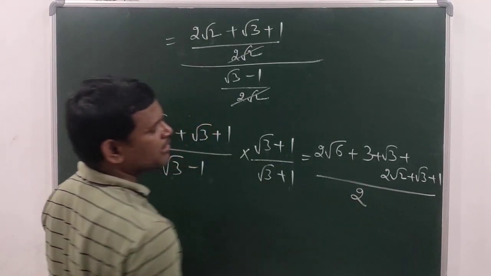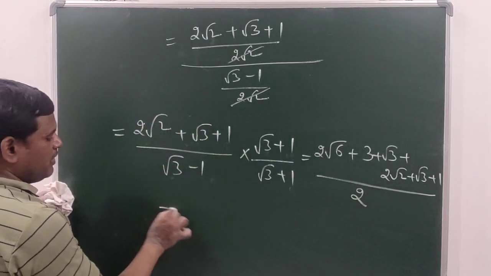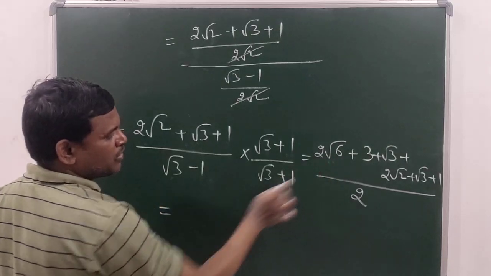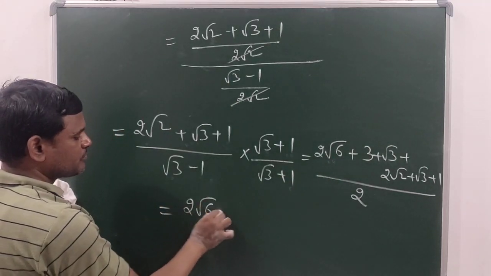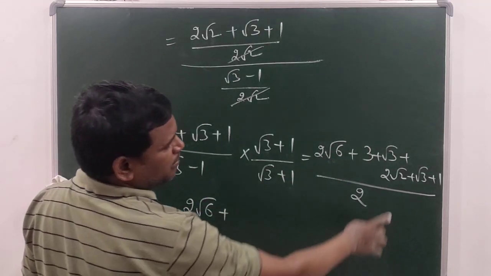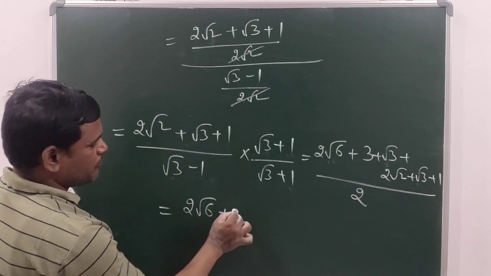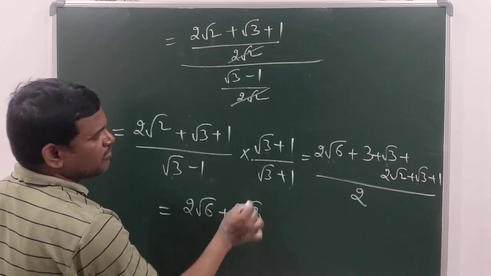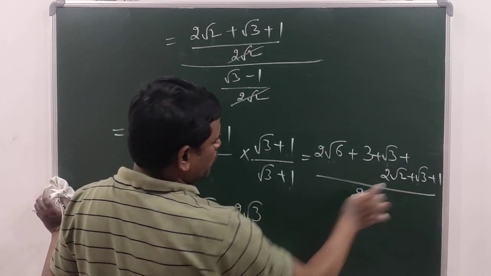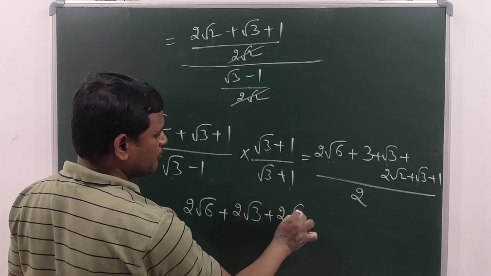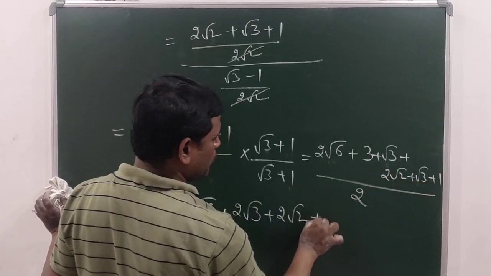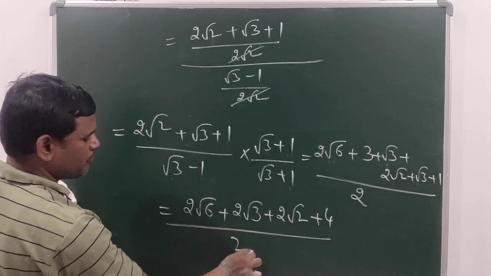So finally what did you get? 2 root 6 plus, tell me students, here root 3, here root 3, 2 root 3, and here 2 root 2, here 3 plus 1, 4, whole by 2.